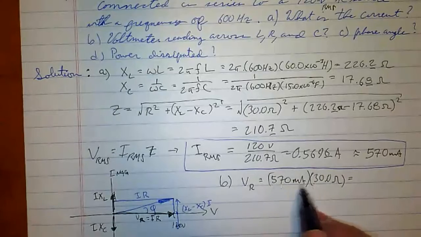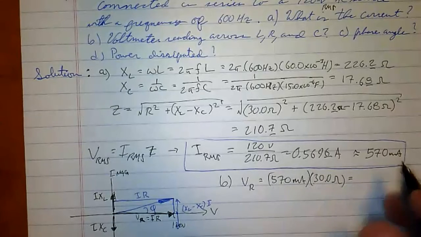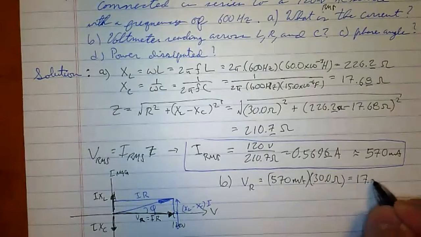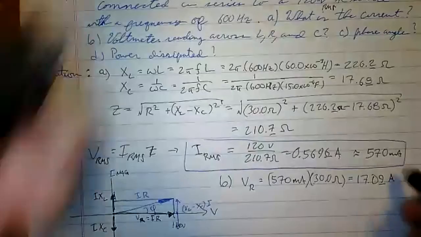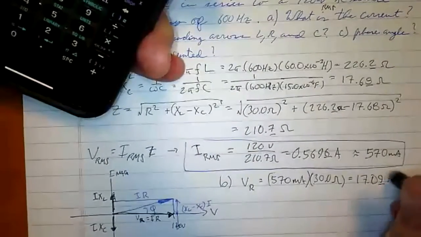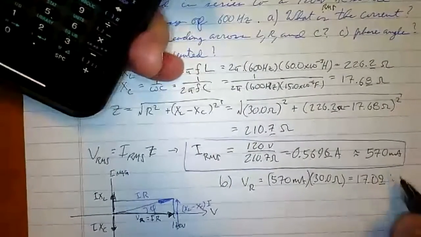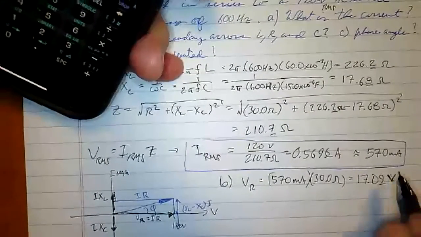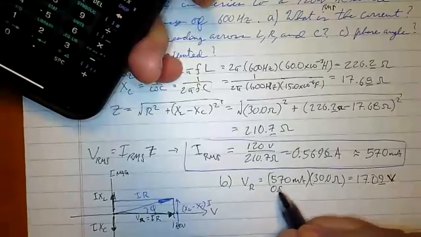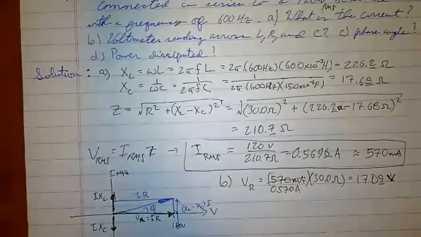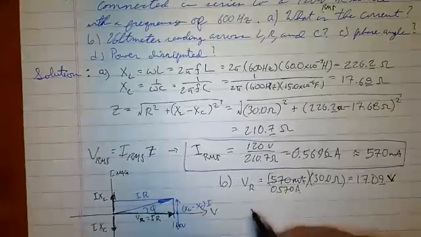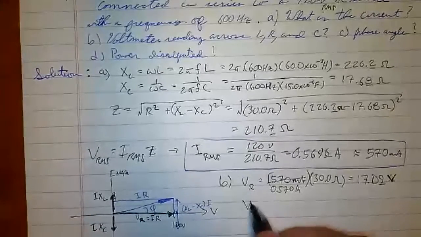If this was 0.570 times 30, that would actually give me 17.09 amps, or excuse me, volts. But I did convert this to do 1709. I did convert this to amps. So I use 0.570 amps instead of milliamps. Just put that there to clarify.